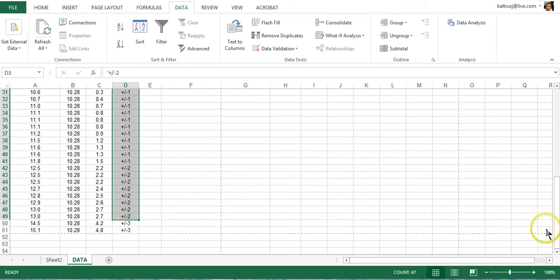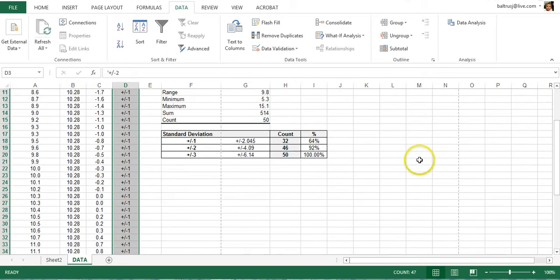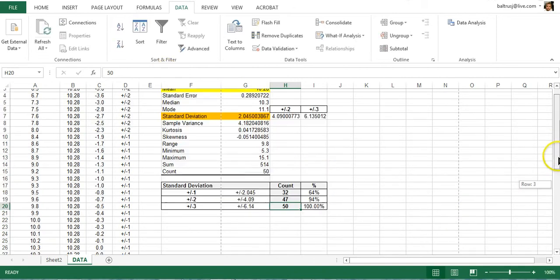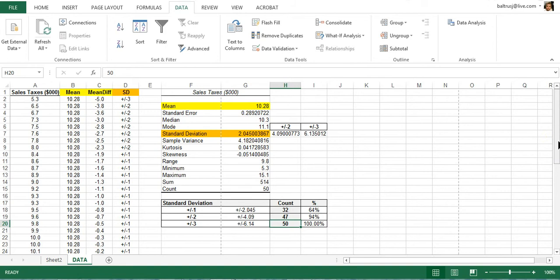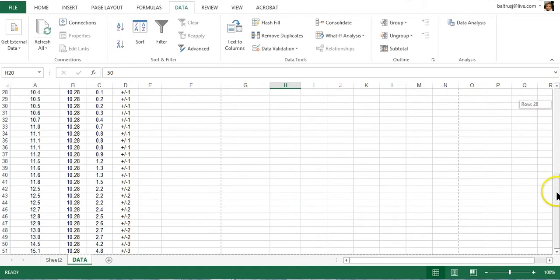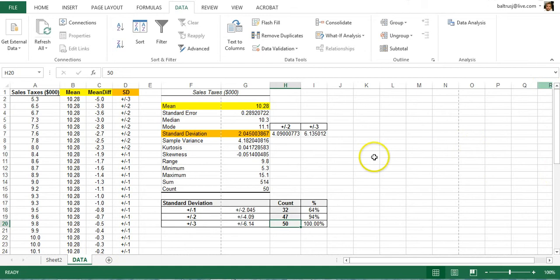And again, our count here is 47. And then obviously all the records appear to be within plus or minus 6.14, because the mean difference here, negative 5, does not exceed 6, and it goes up to 4.8 here. So that's all 50 records.